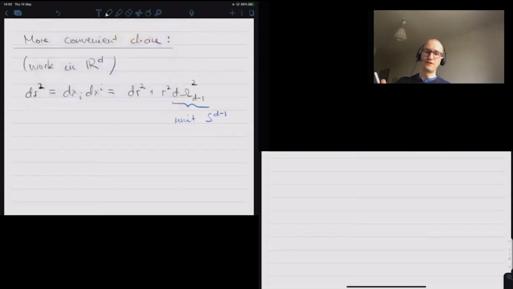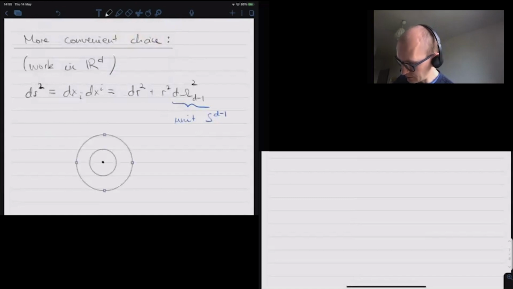Before, we had a foliation by time slices. You can of course do the same with Euclidean time slices. But here now what we're doing is we foliate by spheres. So you can picture it as the origin, and then you have concentric spheres, which go radially outward from the origin.